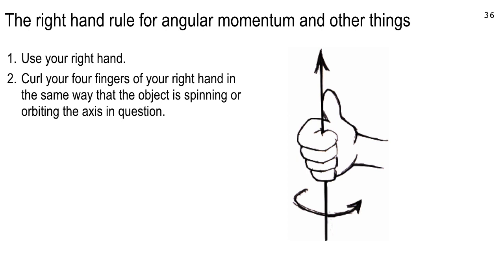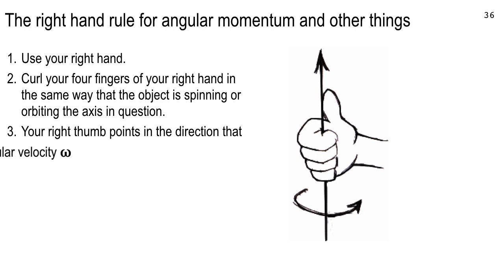But if it's going counterclockwise, you'd curve your fingers of your right hand. Go ahead and do it. No, not like this. Parallel to the screen. Say that there's an ellipse on the screen, and the comet's going around. Yeah, good.